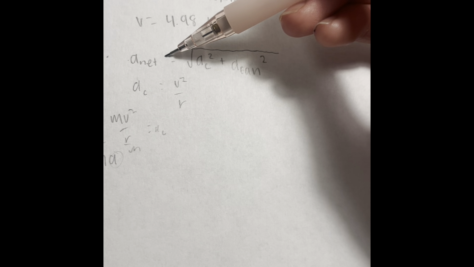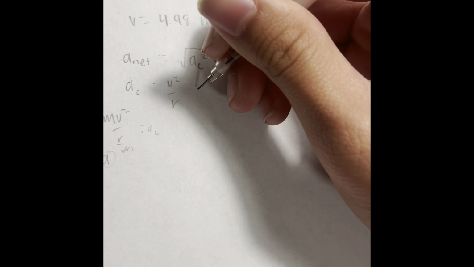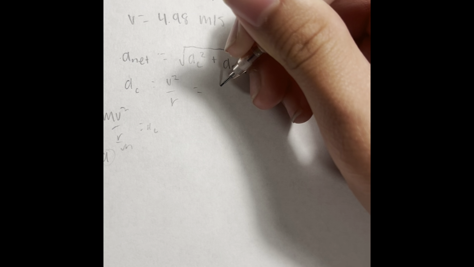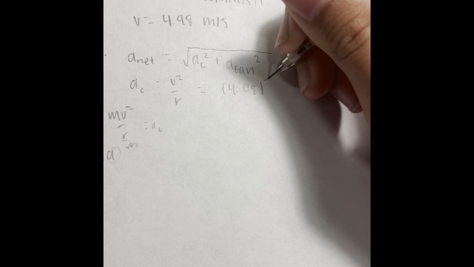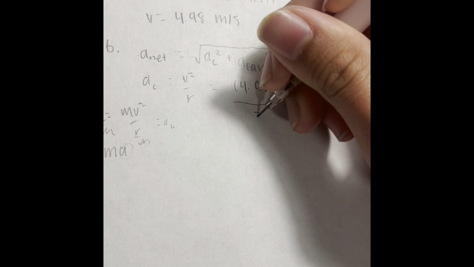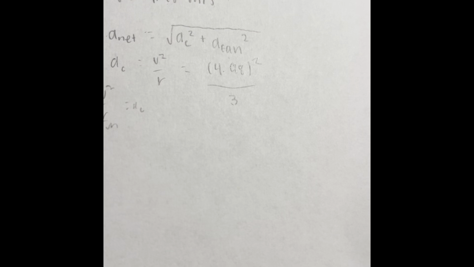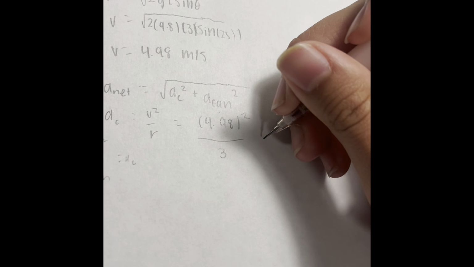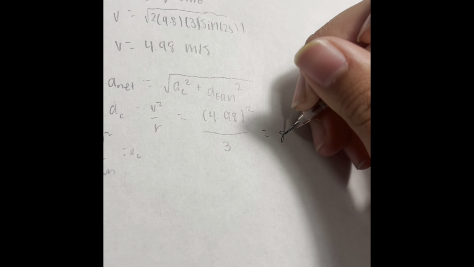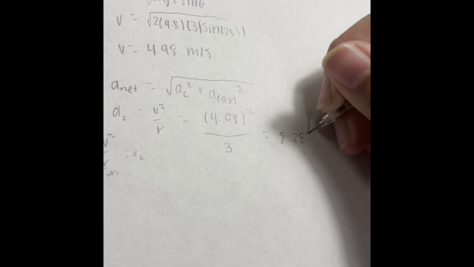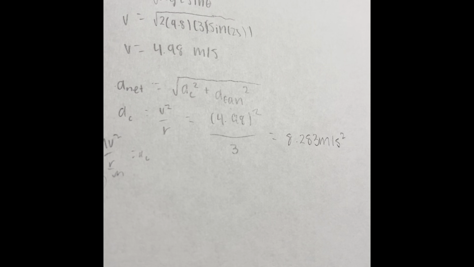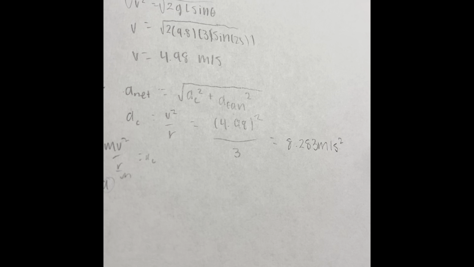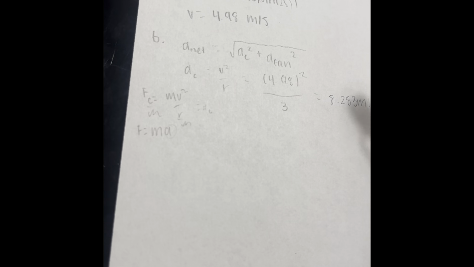So just going to plug that in, 4.98 squared over r, and r is just 3 because that's the length of the string. And then you get 8.283 meters per second squared when you plug it in. And so that's a_c.